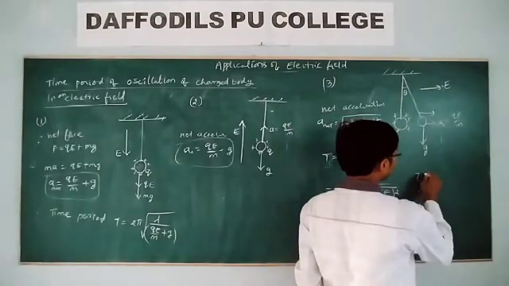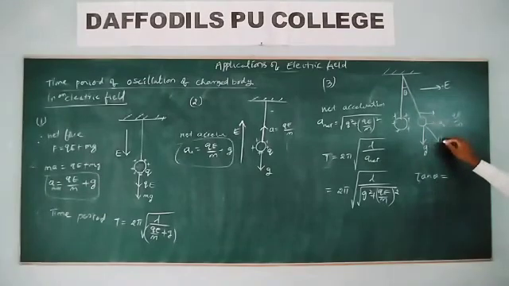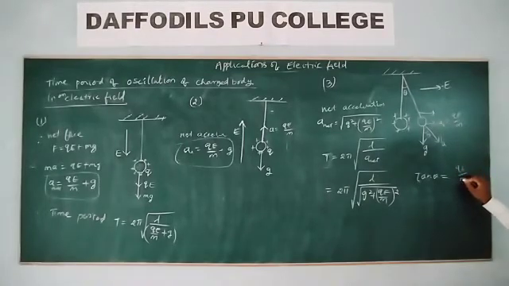What is the direction of the resultant acceleration? Tan theta gives the direction of the resultant acceleration, with the vertical if you have taken theta. So what I get here is tan theta equal to QE by m by g.